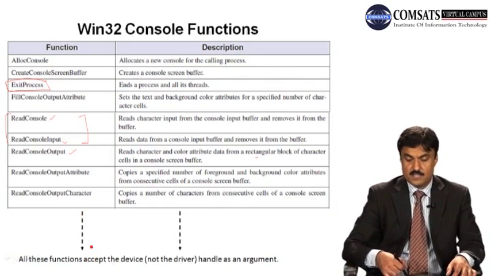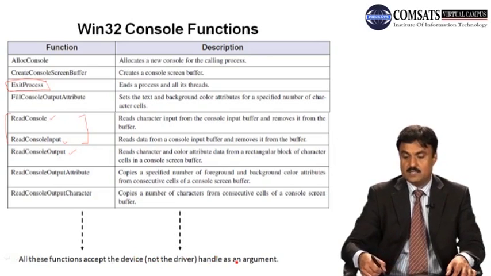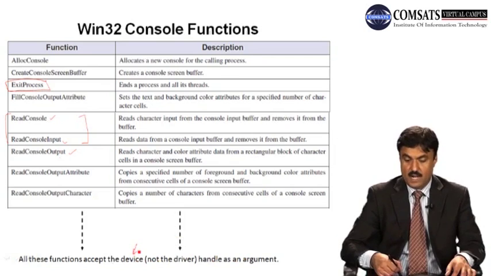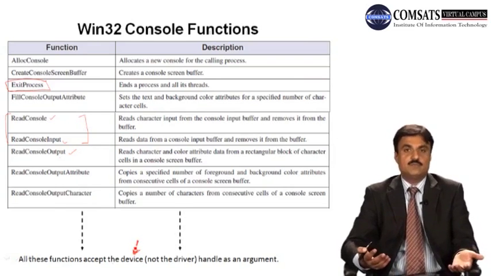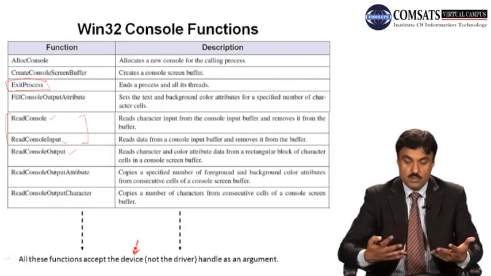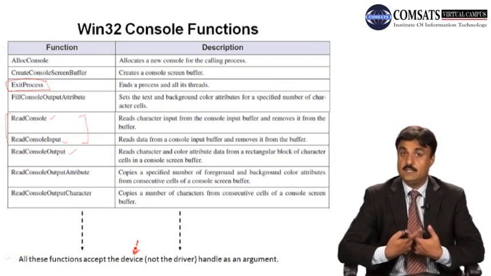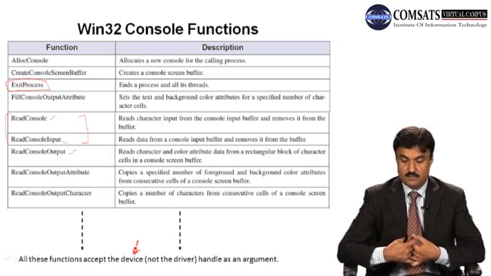All these functions accept the device handles, not the driver, as an argument. So we need handles, as we saw in our previous slide. We request the handle, and once we get it, most of these functions need that handle to interact with the devices.